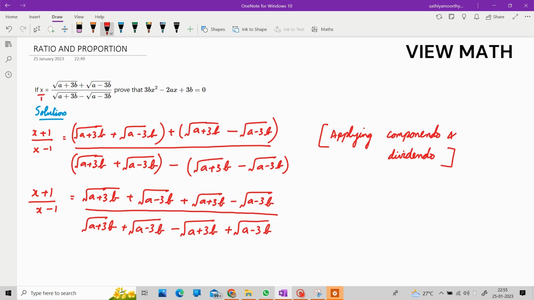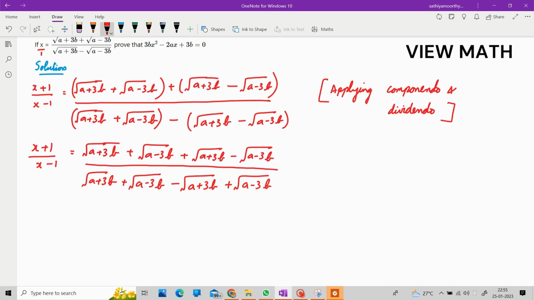Now let me cancel the common terms. Now here square root of a minus 3b and minus square root of a minus 3b, and in the denominator square root of a plus 3b minus square root of a plus 3b cancel.